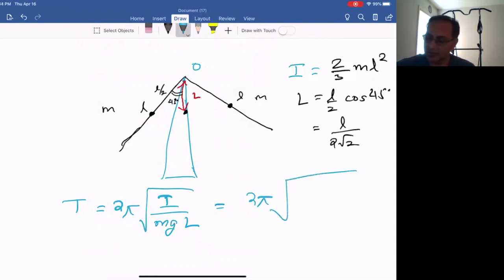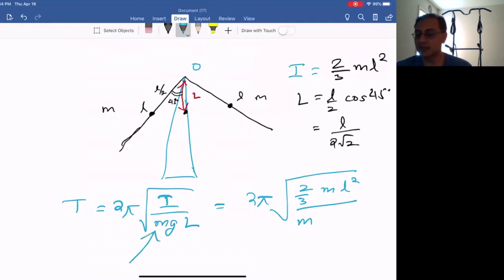So I would be 2/3 ml squared, divided by, oh, and what should I use for the M here? M is the total mass of the system, right? What is the total mass of our system? The total mass of our system is 2m, because you've got two rods of mass m. So what goes in over here is 2m.